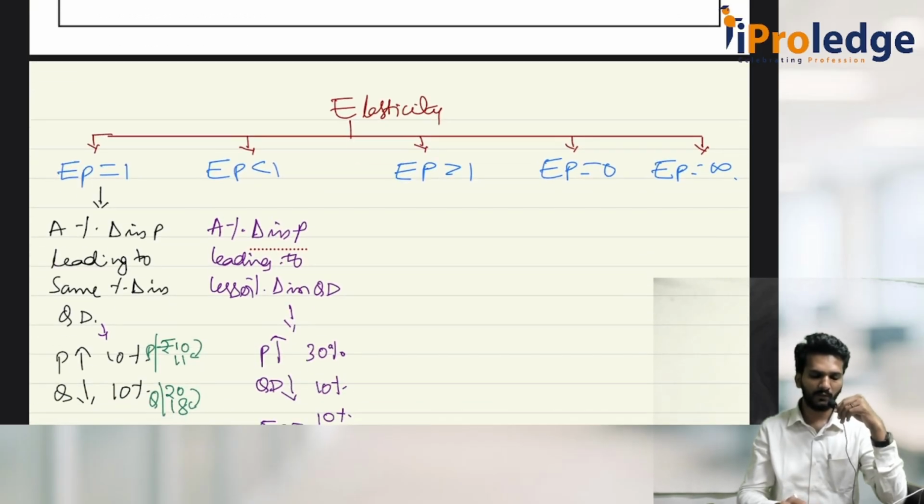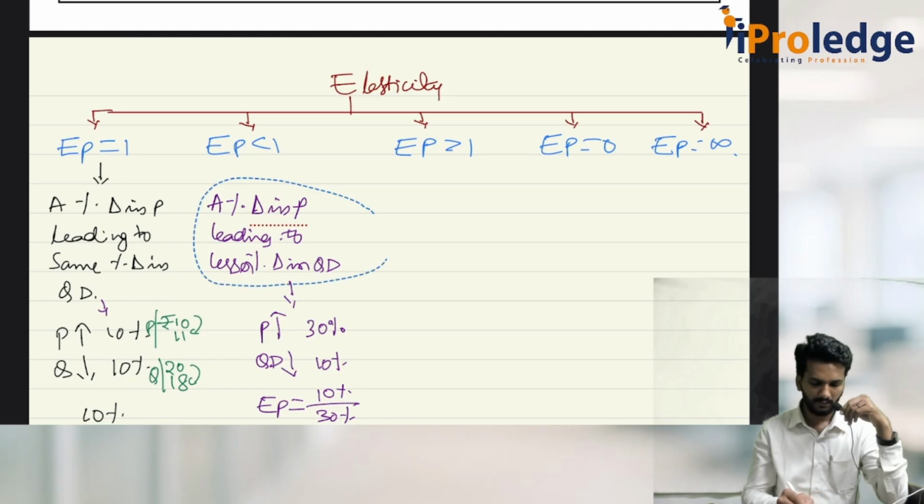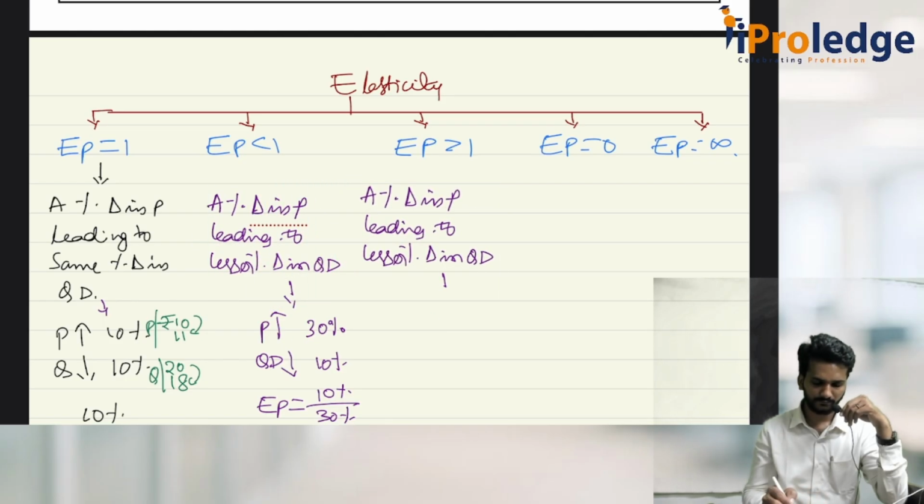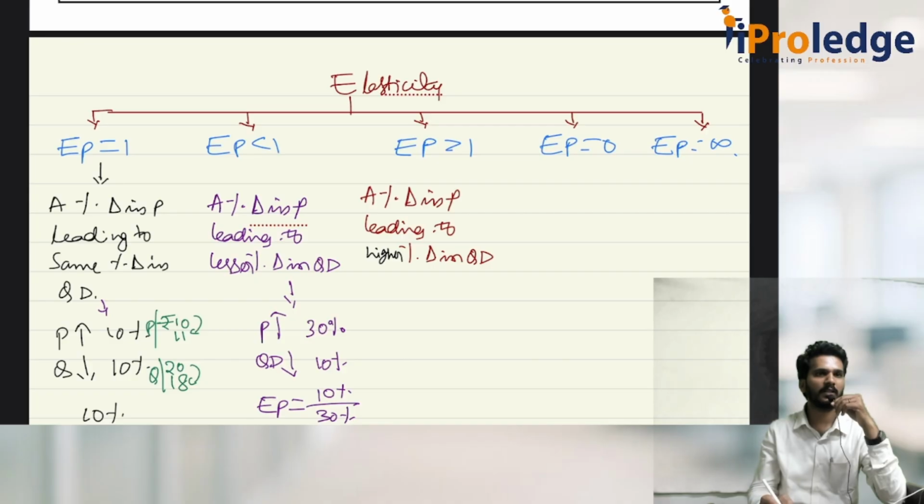What about more than 1? More than 1 simply means that whatever change in price is happening, the quantity demanded responds with a higher percentage change.